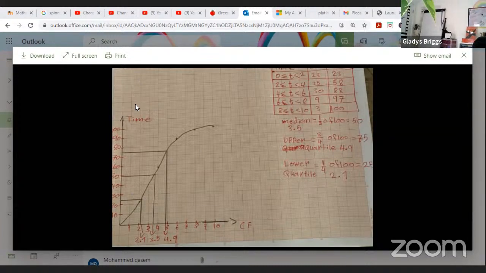Okay, the only thing that I would say for you to do correctly is cumulative frequency is the one that is up here, and your data at the time is the one that is down here. So that's the only thing that I would say that you need to work on. All right, but well done to you for everything else. It looks neat. I love it.